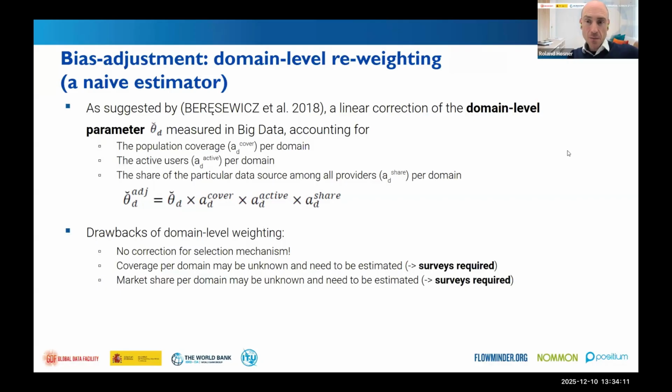Some drawbacks of this domain level weighting are that they will not usually correct for the selection mechanism. They basically function as upscaling factors to a general population value. The coverage per domain may be unknown and may need to be estimated from survey data. And the same goes for the market share.